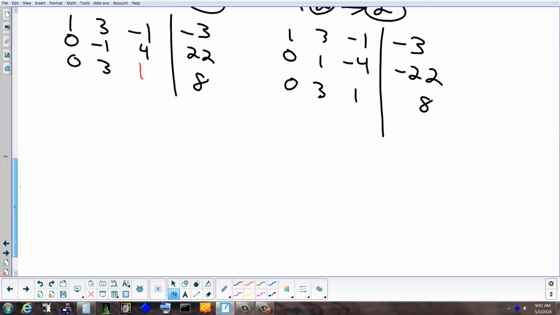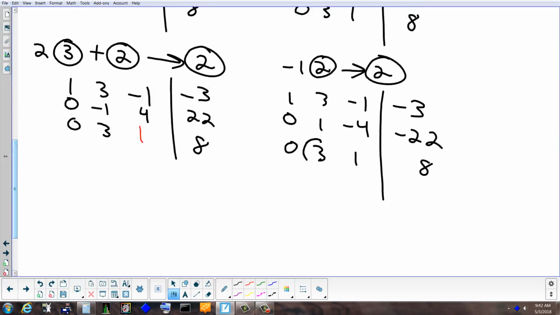Now, the whole reason we got a 1 there is because it's going to make it easy to figure out what to multiply by to get a 0 there. What would we multiply row 2 by to create a 0 in the spot that I've circled? Yep. -3.